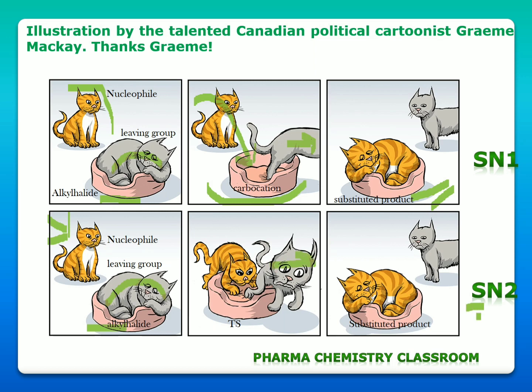Bond breaking and bond making takes place in a single step. So the nucleophile will come and break the bond between the leaving group and the alkyl halide, and the nucleophile gets substituted on that, so that you get a substituted product. This illustration will help you to remember SN1 SN2 reactions always.